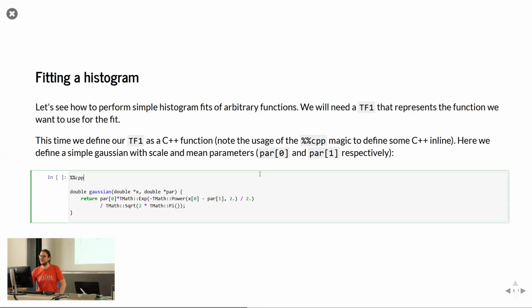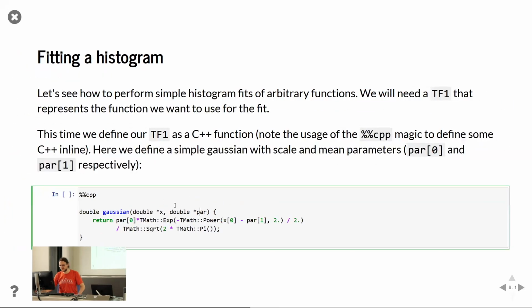Here we are defining this Gaussian function that depends on some observable x. You can think of this as the observable on the x-axis of the histogram. It's only one-dimensional, so we are only getting the 0th element of this array. And then this Gaussian also depends on some parameters in this array par.